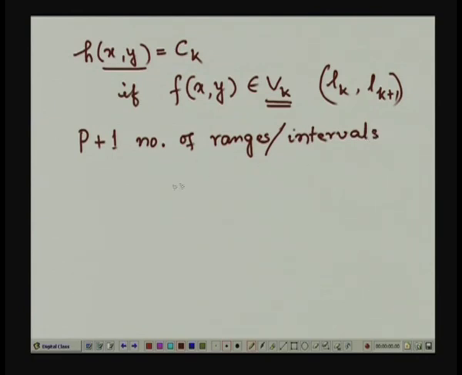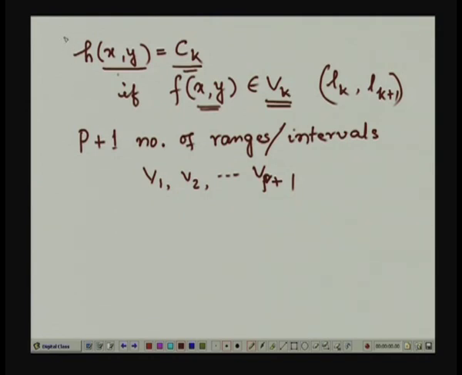And we call these intervals interval V 1, V 2 up to interval V p plus 1. So, we assign a color C k to a particular location x y. We write h x y will be equal to C k if the intensity value at the corresponding location, which is given by f x y, belongs to the interval V k.